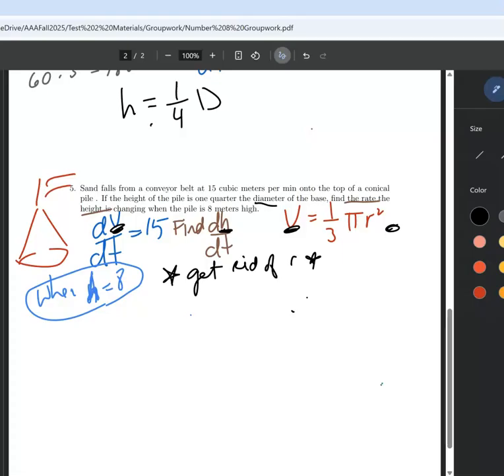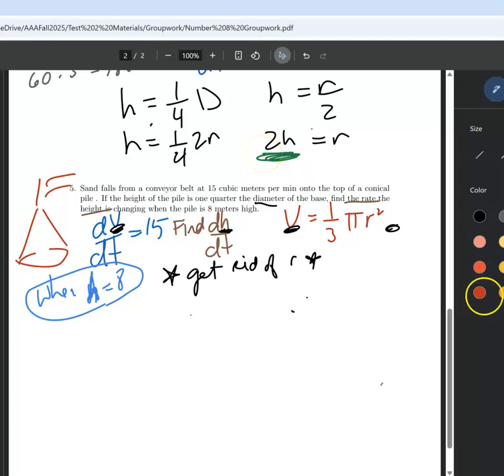Okay, you know diameter is 2 times the radius. And remember, I want to get rid of R, so I'm just going to take this up here. So R over 2, so I'm solving for R.